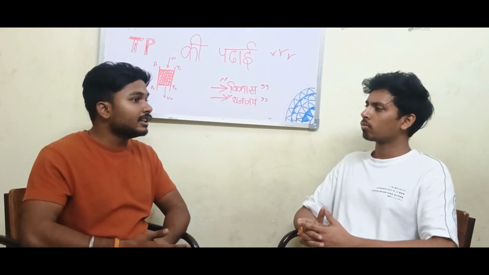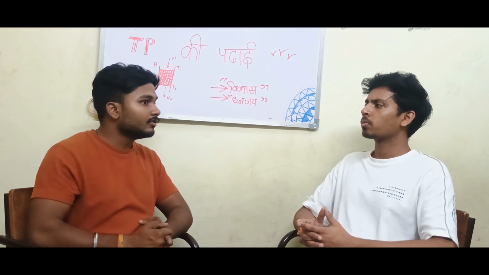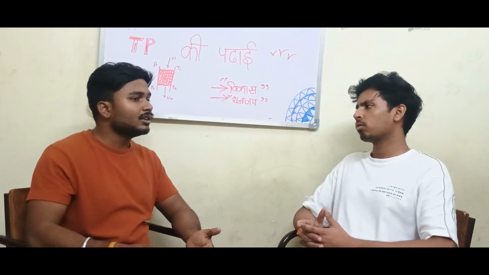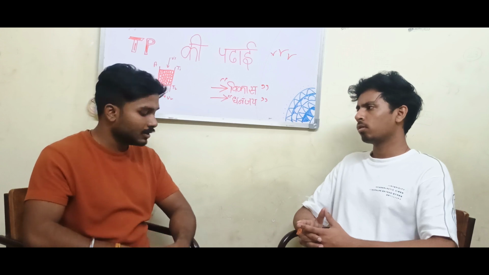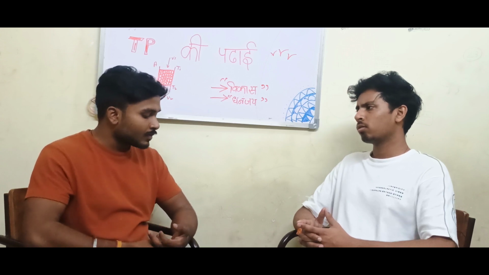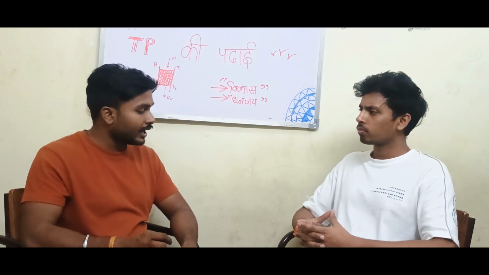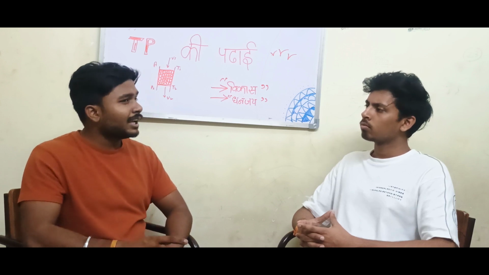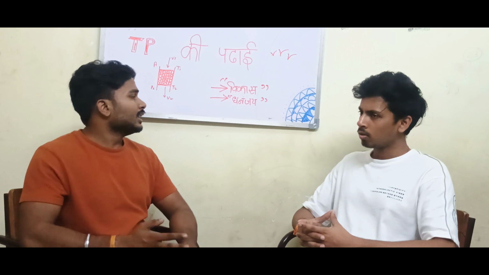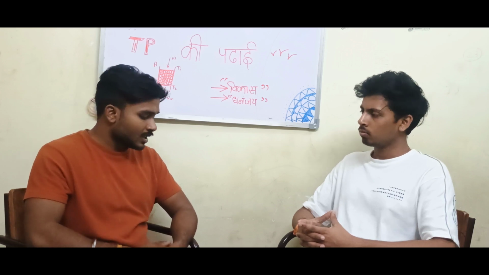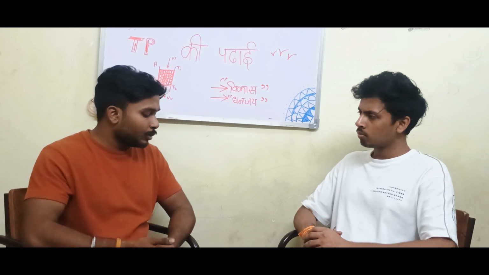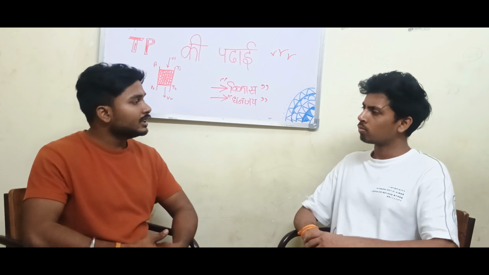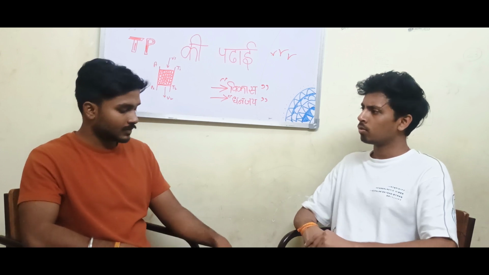Empirical relations are also there, with which you can determine the mass transfer coefficient theoretically, by solving on paper. There is a formula: Sherwood number equals A times Reynolds number to the power B times Schmidt number to the power C. A, B and C are constants that vary for different processes. You can put in the values of the Reynolds number and Schmidt number and easily get the mass transfer coefficient.